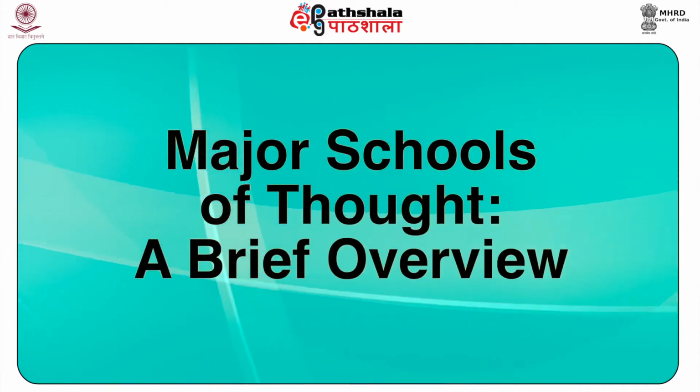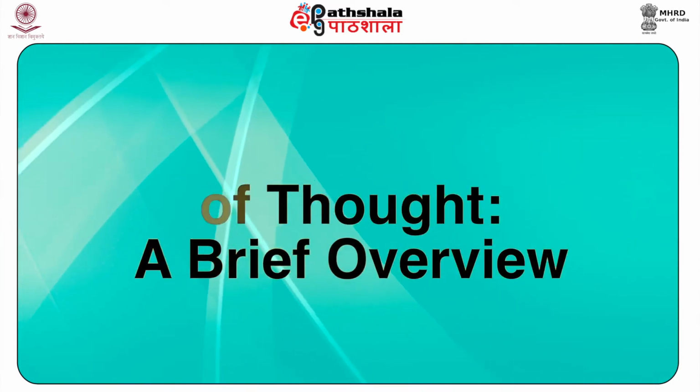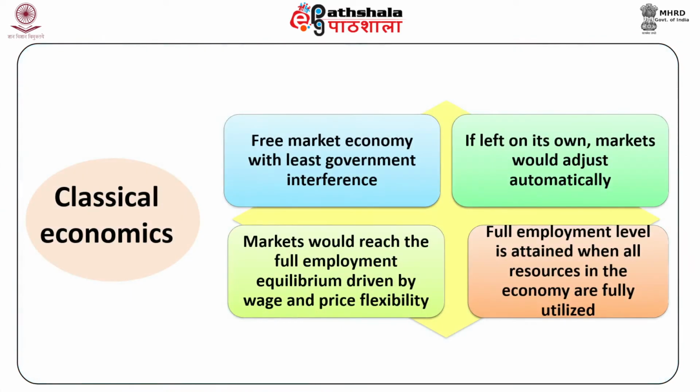Major schools of thought, a brief overview. A large number of complex economic ideas, beginning with the classical school of thought, have emerged over time. The classicals believed in a free market economy with least government interference.